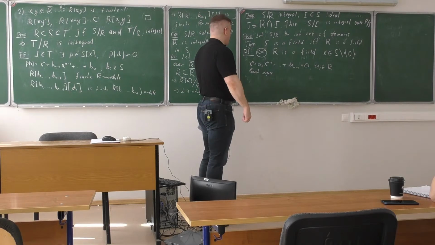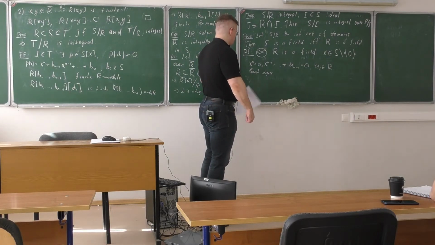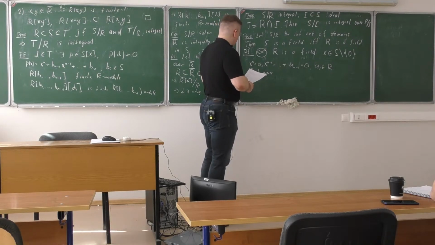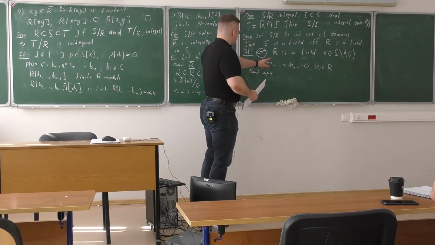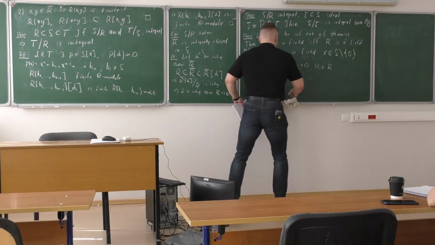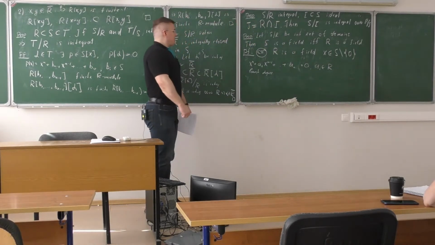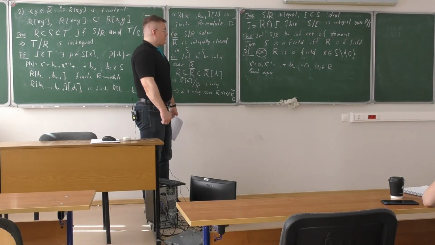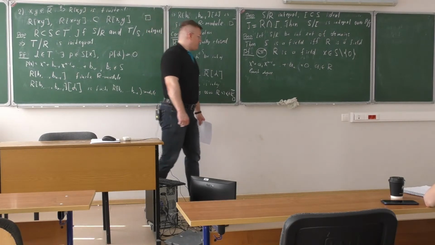Shouldn't the last one be an? Actually, yes, I started at 0, I think you're right. So this is an, but that's not really important. Okay, so this is the equation of integral dependence of the lowest possible degree.